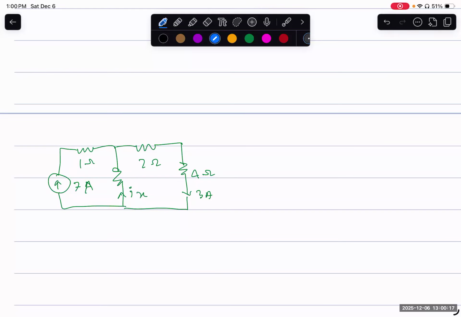And suppose this is R and it's mentioned to be 1 ohm.